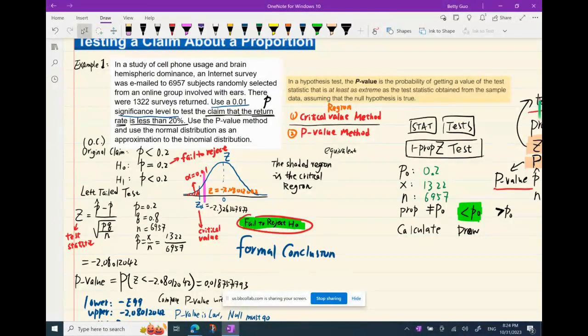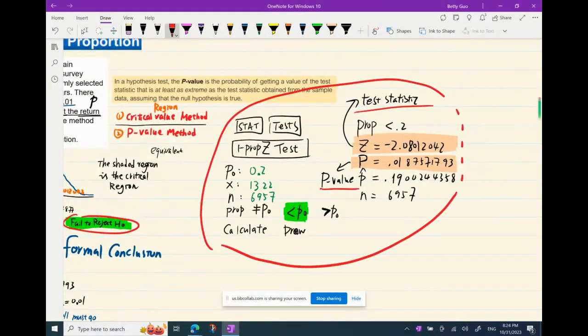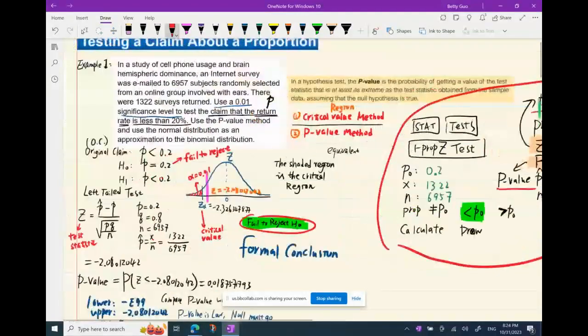If you compute manually, you have the graph, the curve, and use the formula for the test statistic to find the test statistic and the critical value and compare. Or if you want to use a calculator, then you can get those values very quickly. All right, so that is an example of a left tail test.